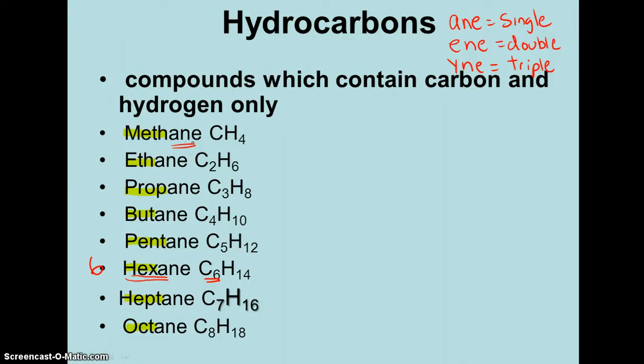We left off with hexane, so hexane, hex meaning 6, I'm going to first put my 6 carbons down. 1, 2, 3, 4, 5, 6. I will then attach my single bond because it ends in ane right here and have those attached. Let's start over here on the right.